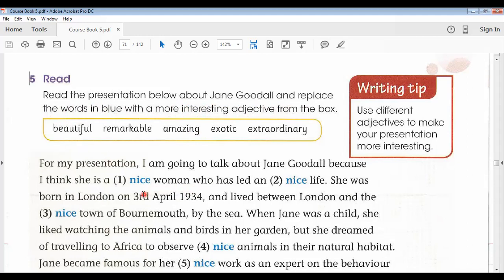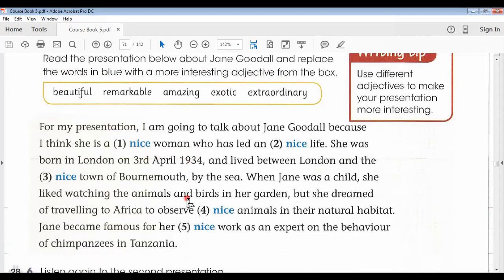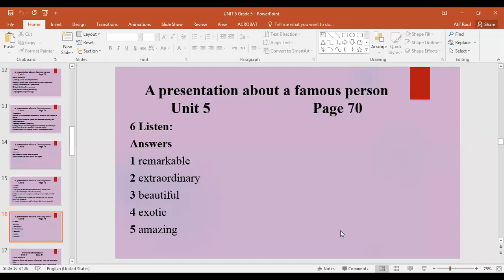So I asked the students to replace all these "nice". Nice is also an adjective. So I asked them to replace these adjectives with adjectives like beautiful, remarkable, amazing, exotic, and extraordinary. And then I displayed the answers as well, but I'm going to include them now.